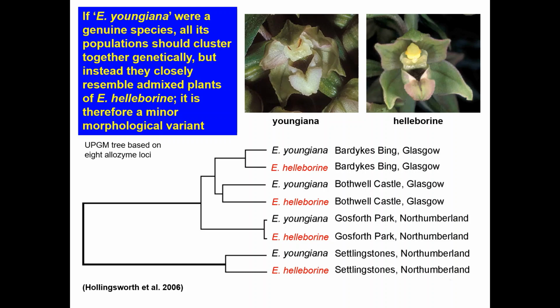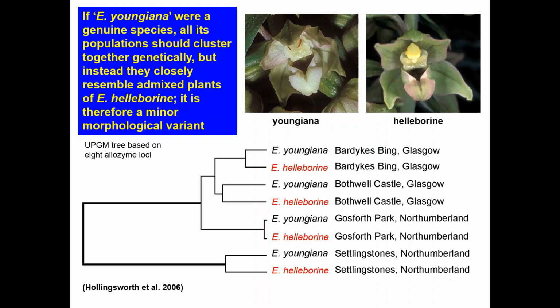And here's our first example, Epipactis youngiana, which was always regarded as being closely related to Epipactis helleborine, but it looked as though it had features that made it more autogamous than typical Epipactis helleborine. And this diagram is actually based on the protein work that I showed you at the beginning of this lecture, but the principles still apply.